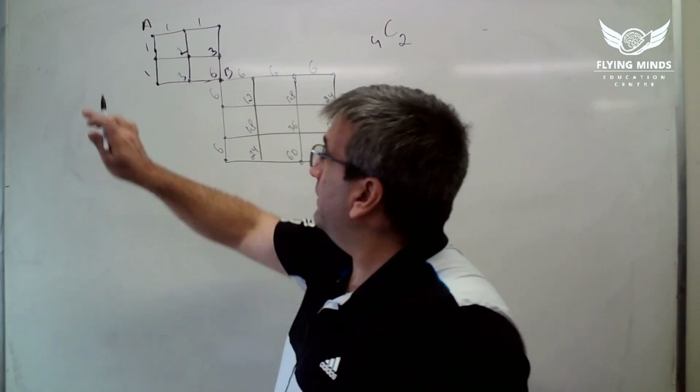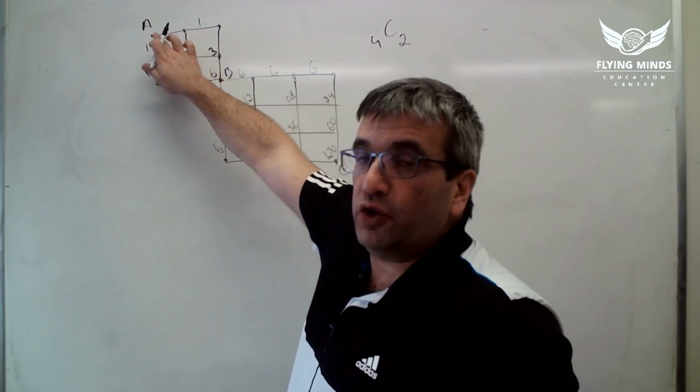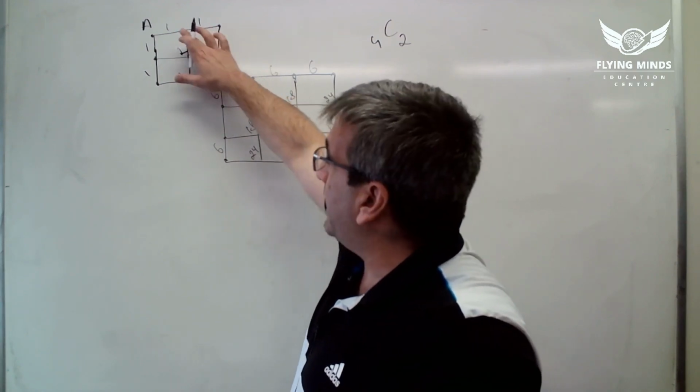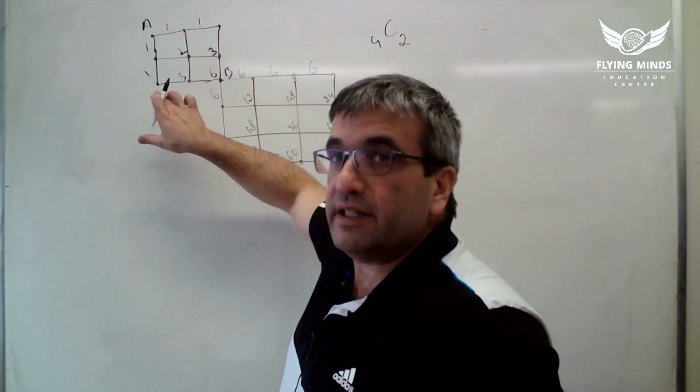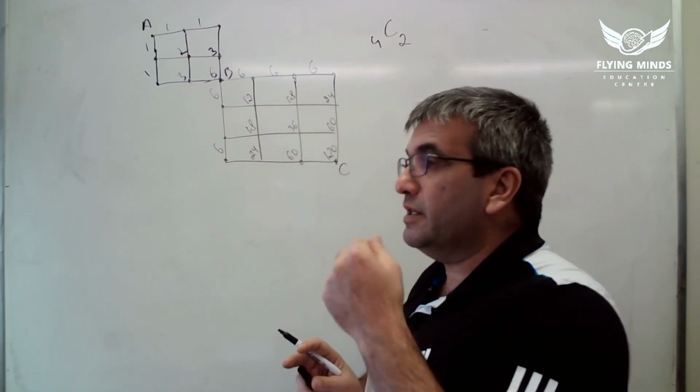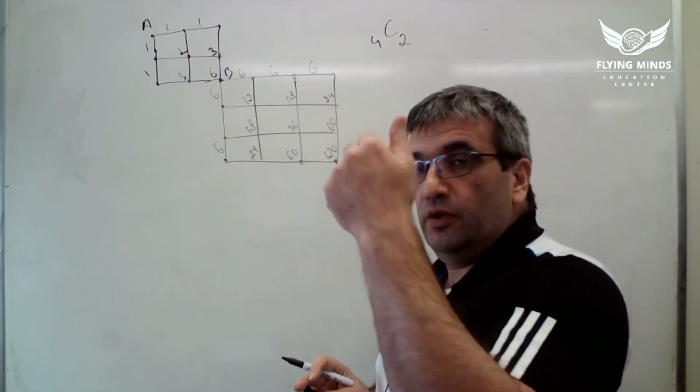You count how many total paths you have. You can go 2 ways to the east and 2 to the south, so you have 4 options, and you need to choose 2.